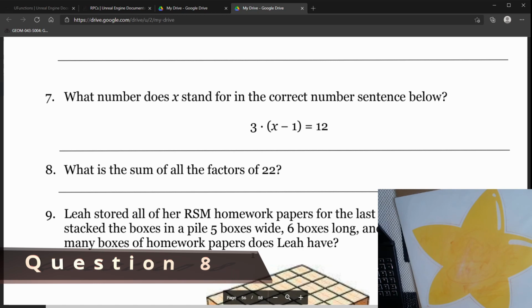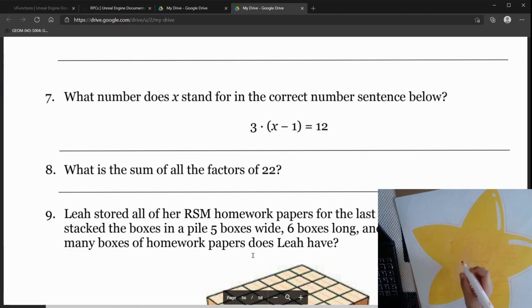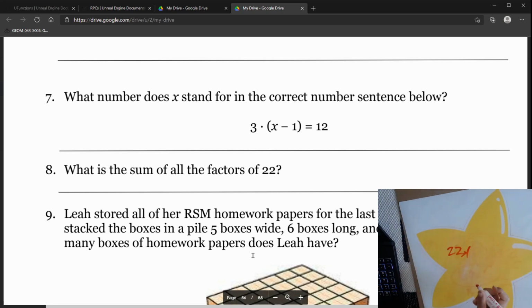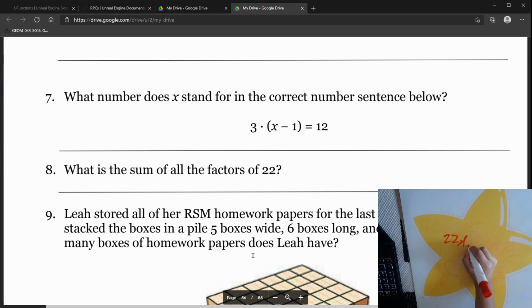What is the sum of all the factors of 22? Okay, so one of the factors of 22 is 22, and another factor is 1. And then another factor is 11. And so, what else could go by 22?